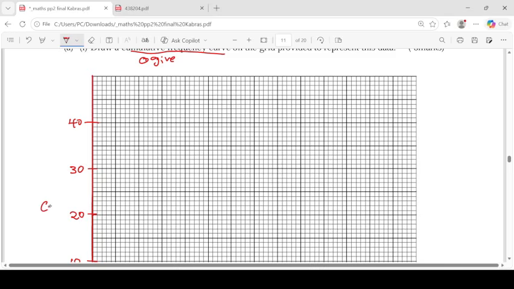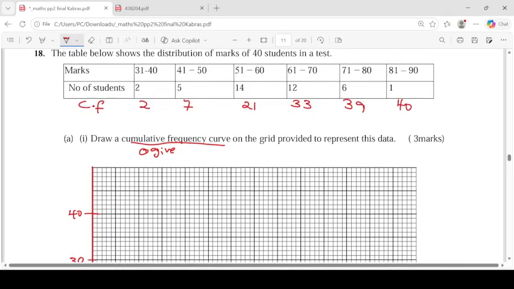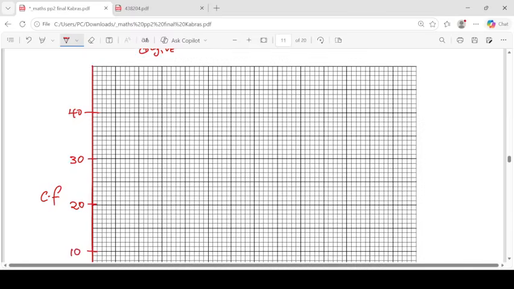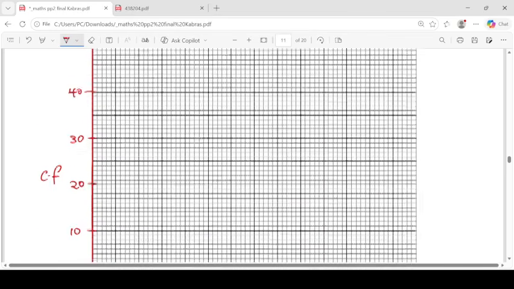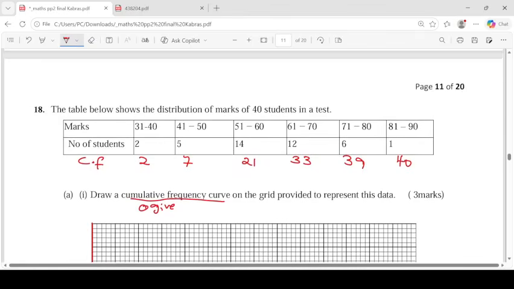This is the cumulative frequency. On that end, it is the CF.